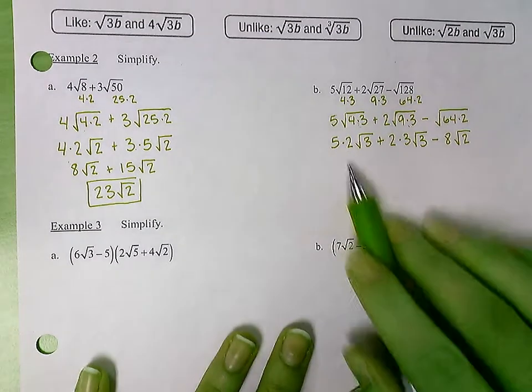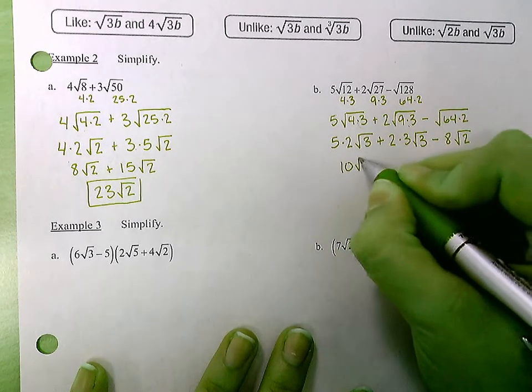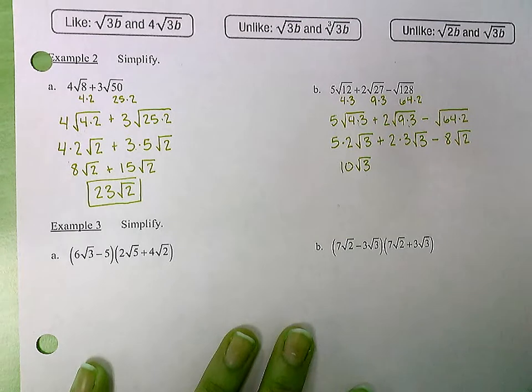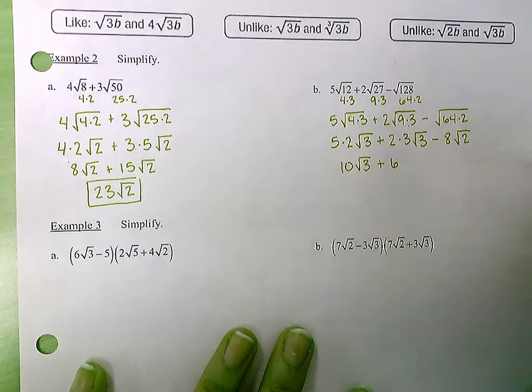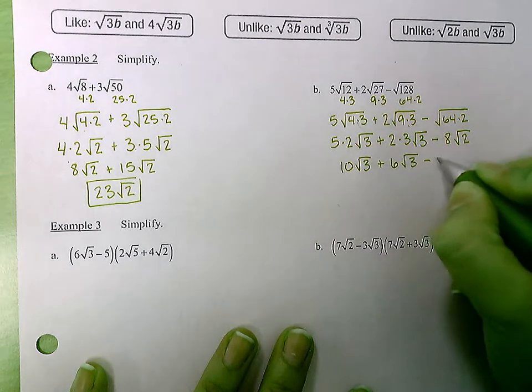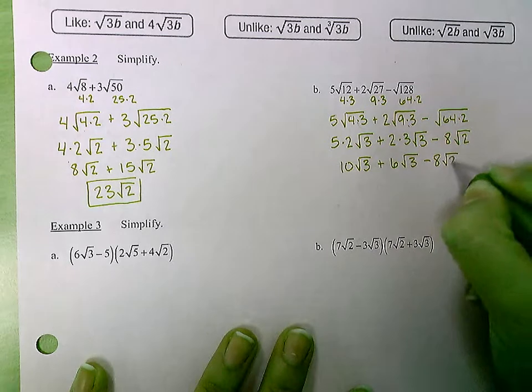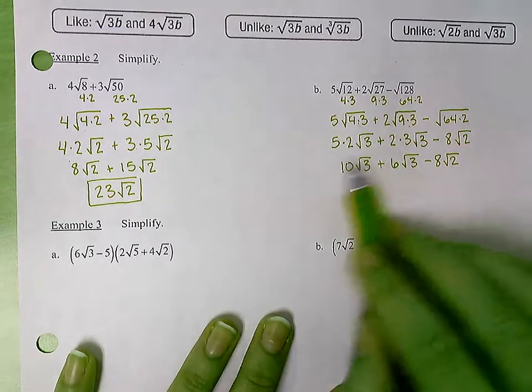Okay, I can simplify here. So I have 5 times 2 is 10 times the square root of 3 plus 2 times 3 is 6 times the square root of 3. And then I still have minus 8 times the square root of 2. Can I combine these two?